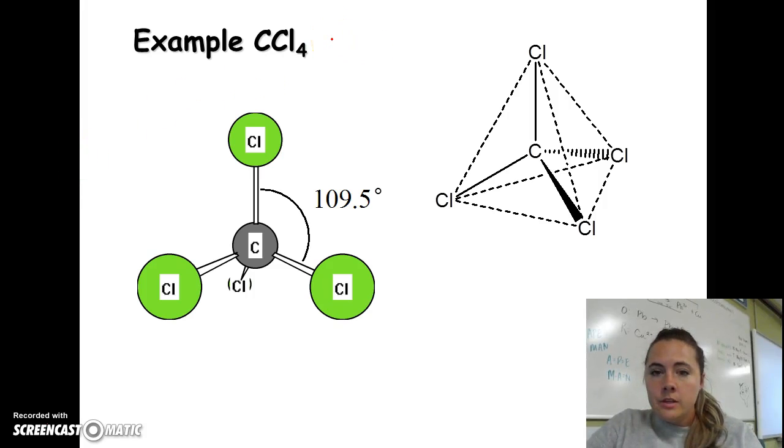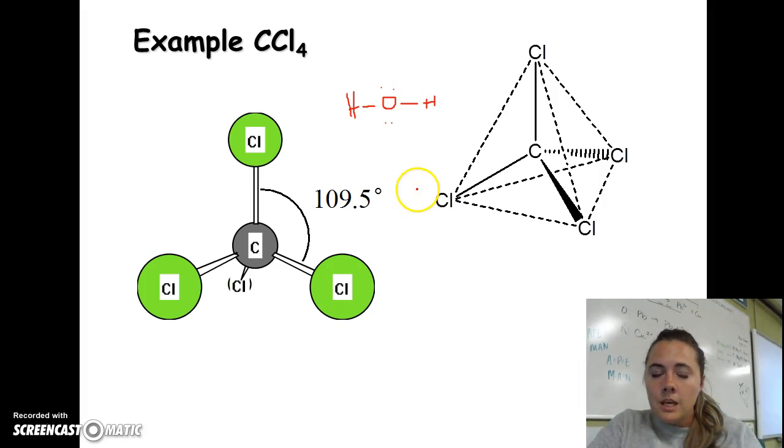So let's talk about water, for instance. If you were to draw water, here's oxygen, and it's got its two hydrogens. Hydrogen, hydrogen. And it's got 2 electrons here, 2 electrons here.